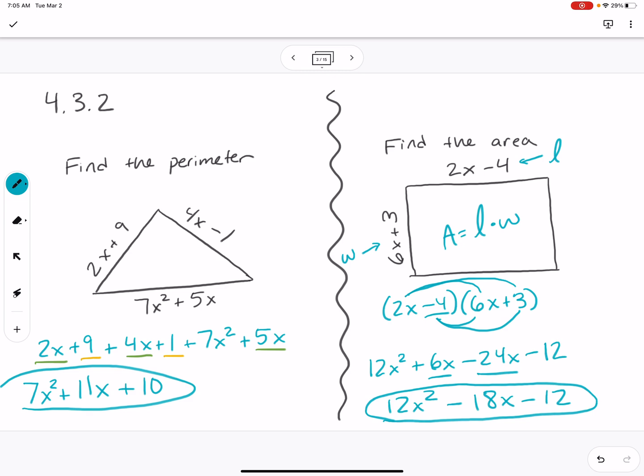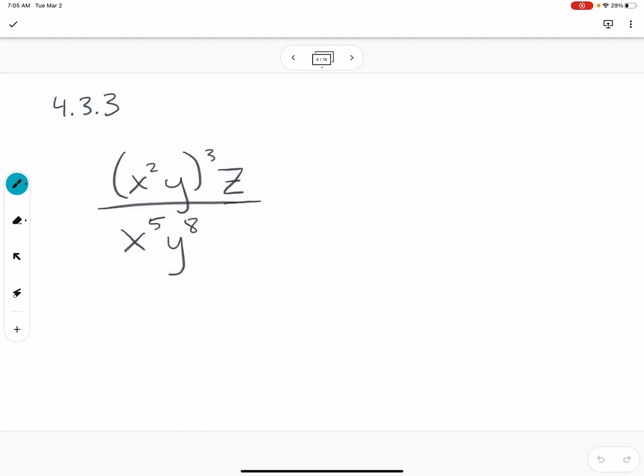All right, let's look at 4.3.3. For 4.3.3, we're basically looking at our exponent rules. We are just upping them a little bit here. So our exponent rules, let's do a quick recap of them. If you have two terms with the same base with different exponents and we're multiplying those, we add those exponents.